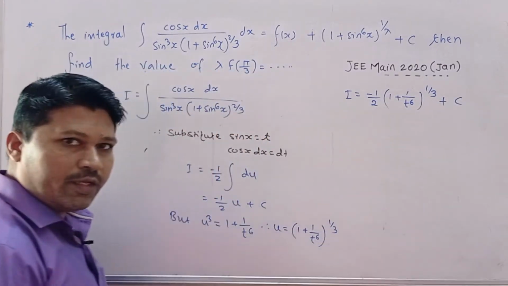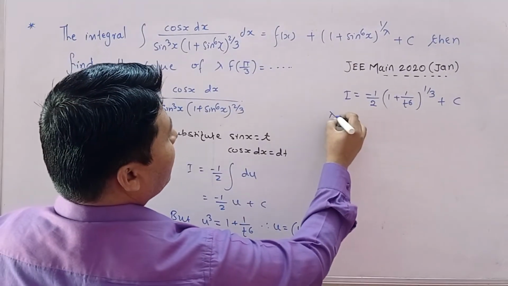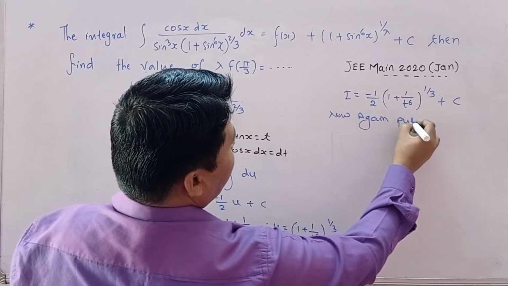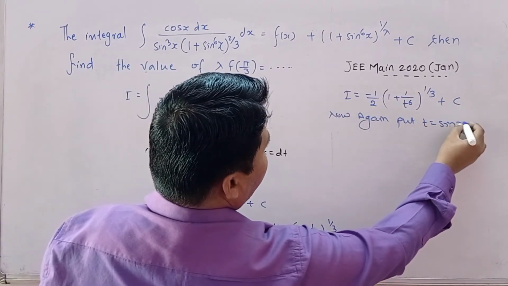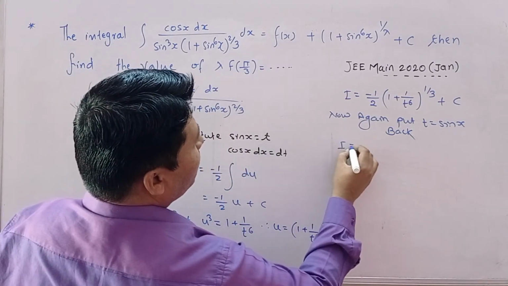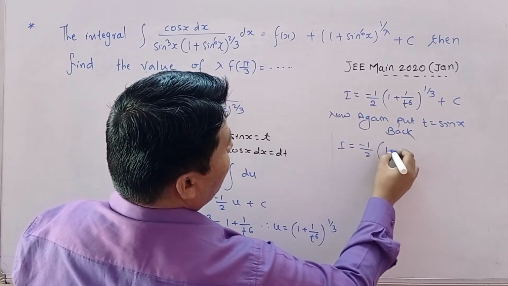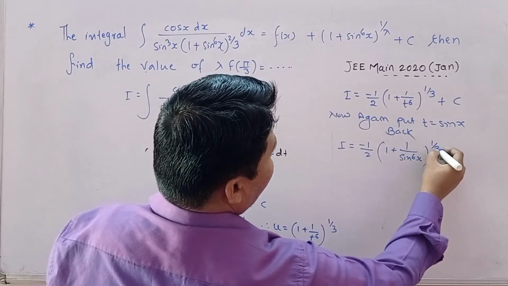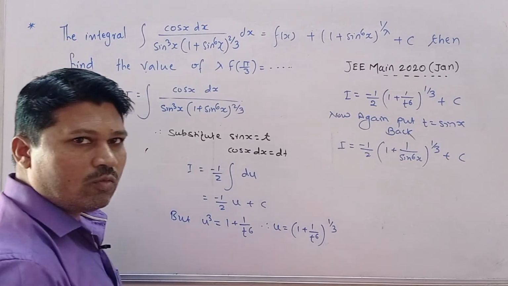Now put t equal to sin x back. The final solution is minus 1 by 2 times (1 plus 1 upon sin to the 6x) raised to the power 1 by 3 plus the constant of integration.